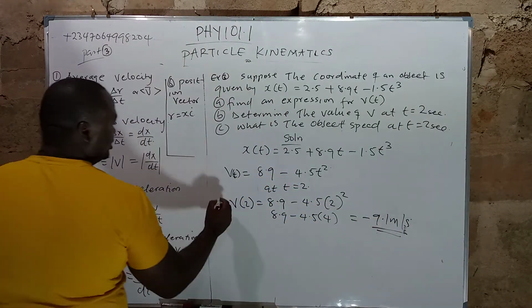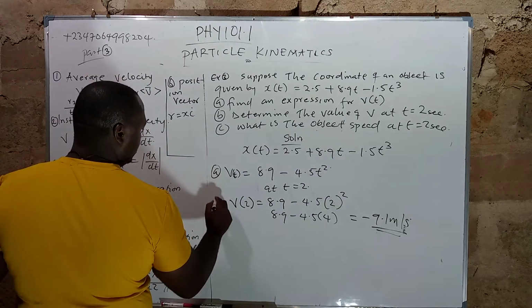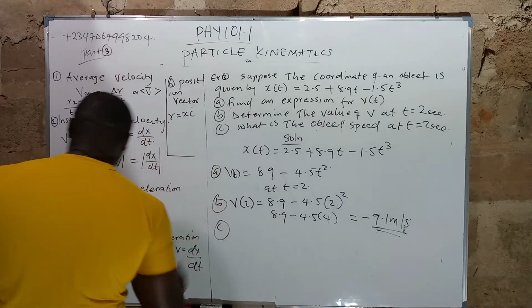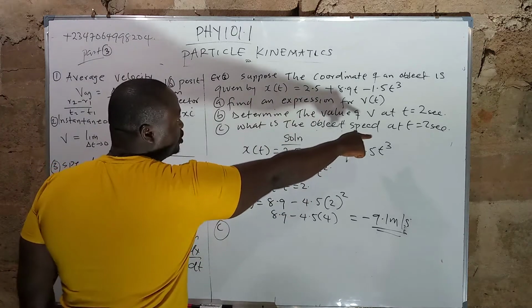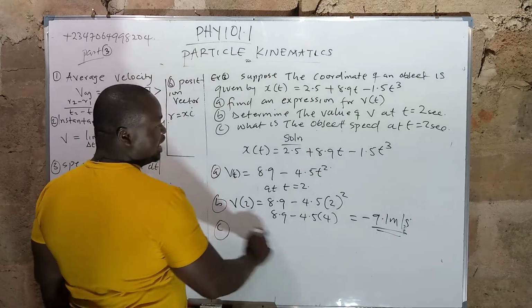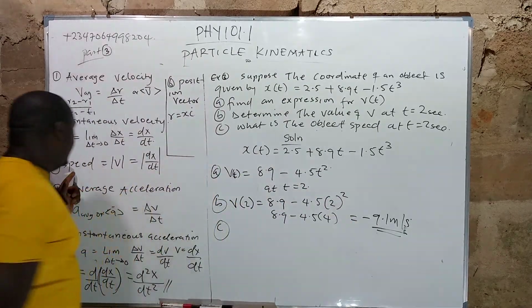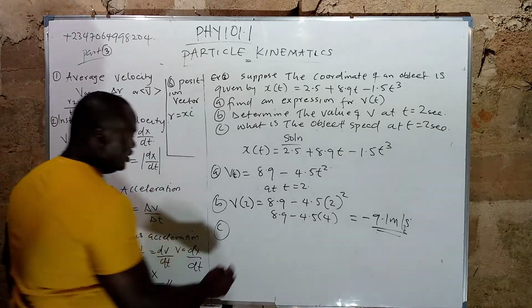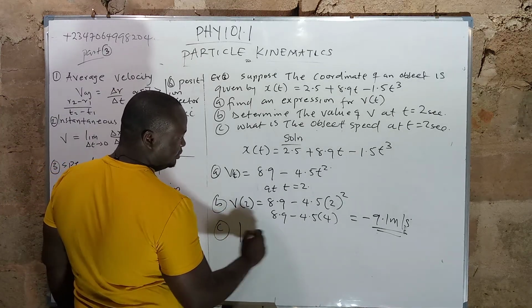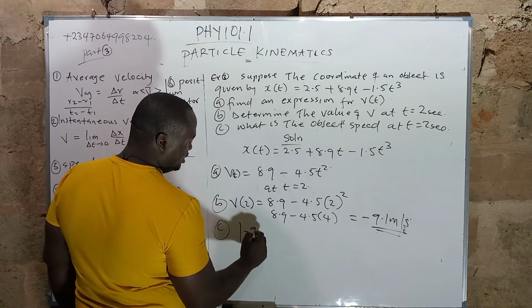Now the next thing, this is part C. Remember, they ask you to calculate the object's speed at t equals 2 seconds. You already have the velocity. Remember, the speed is the magnitude of the velocity, right?